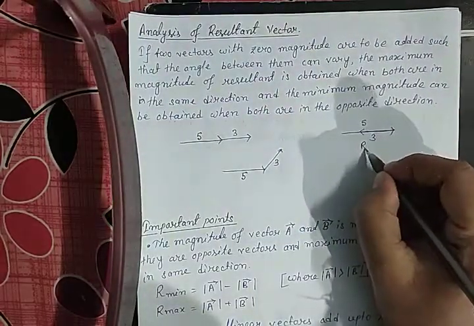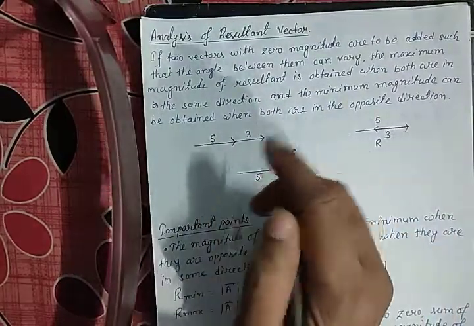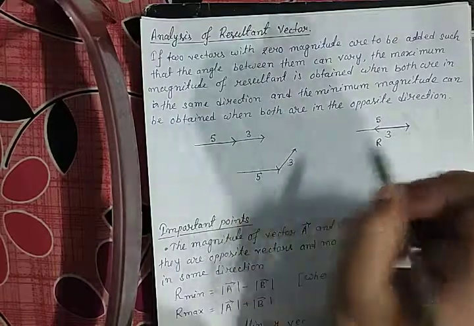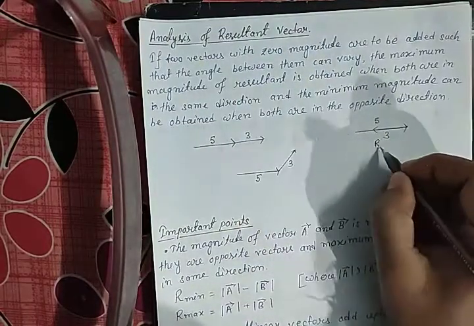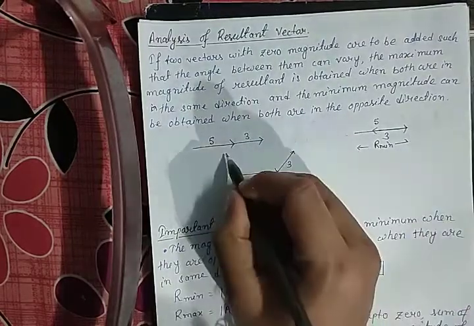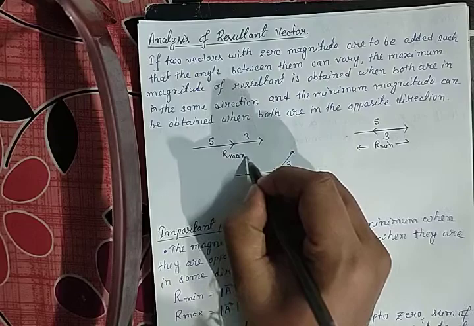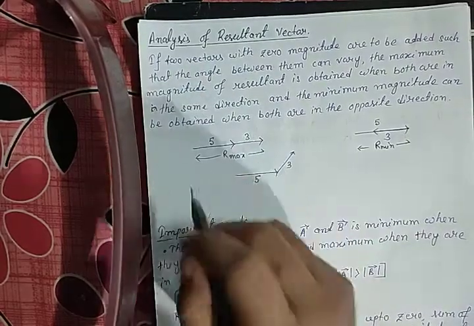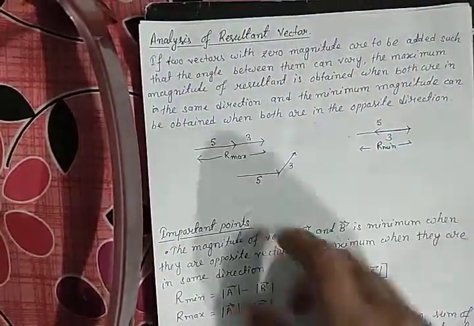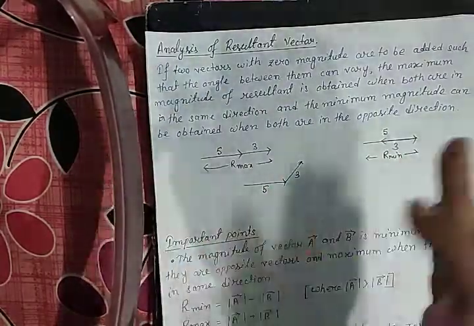So if you have two vectors, their resultant will be maximum when they are in the same direction, and their resultant will be minimum when they are in the opposite direction. These are max, these are min, and these are max. In all the rest of the cases, the resultant will be between 5 and 8, that means between maximum and minimum.